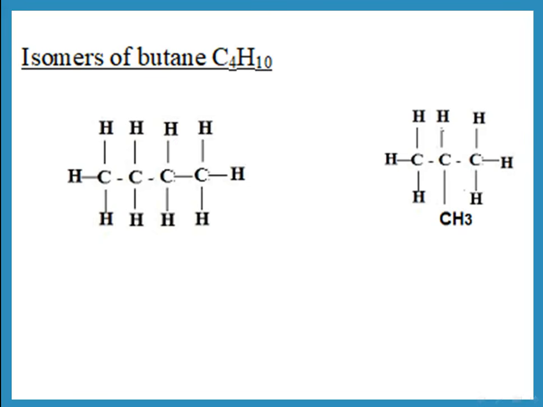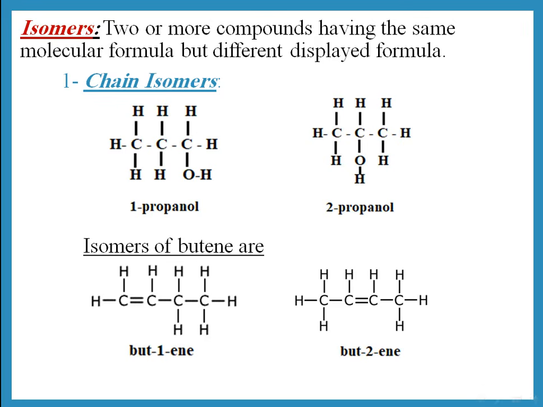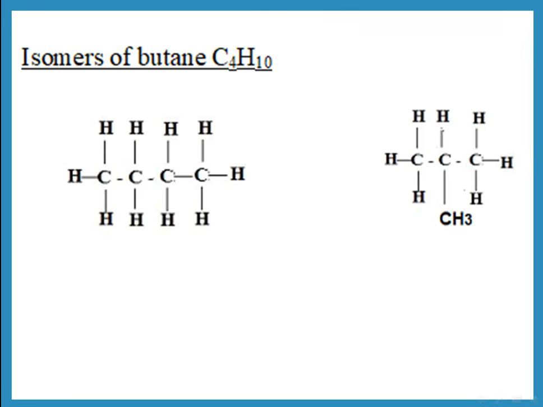Also, if I want to write an isomer of an alkane, now remember, when we were writing isomers of alcohols, we put the OH in different positions. Isomers of butene, we put the double bond in different positions. Now, if I'm doing isomers of butane, it's an alkane. So to draw the isomers of an alkane, I just put them in different chain lengths.